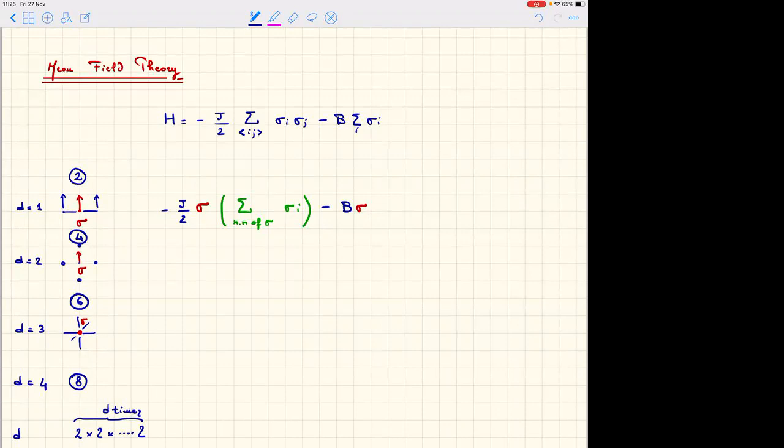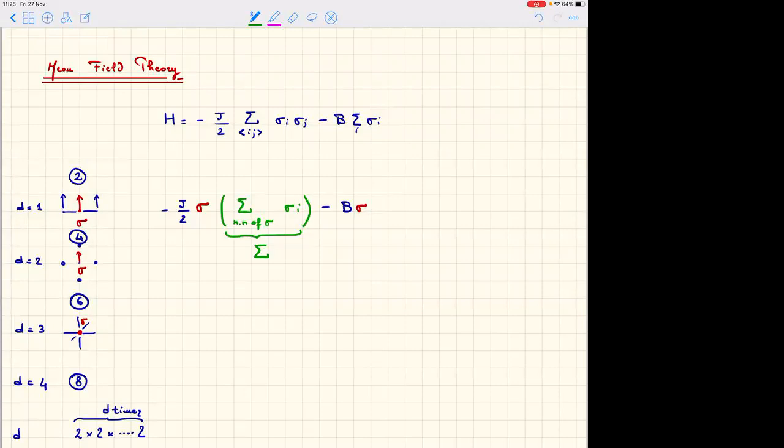Now, you see that as the number of dimensions increases, the number of nearest neighbors to a site gets larger and larger. And here, what you're doing in computing this term in the Hamiltonian is summing over the magnetization of all nearest neighbors to one site.